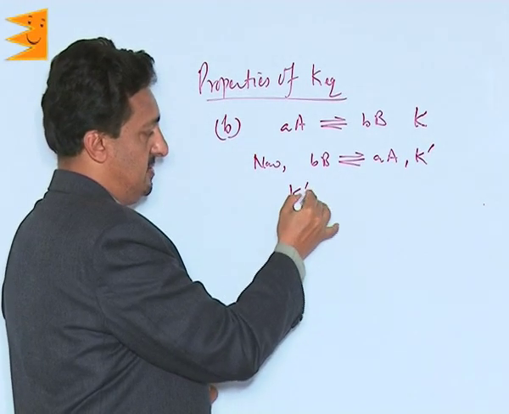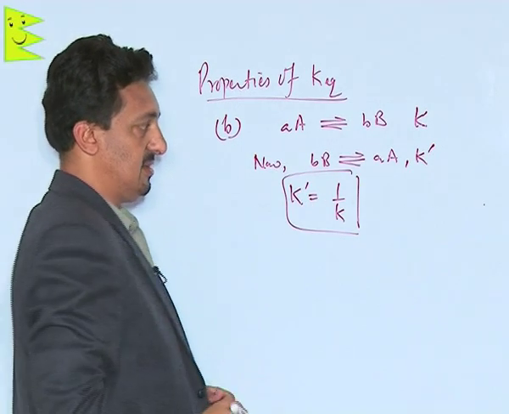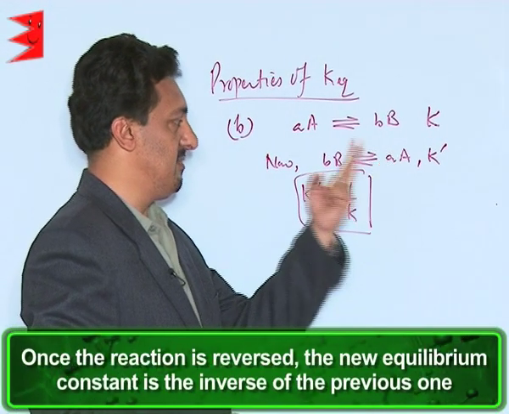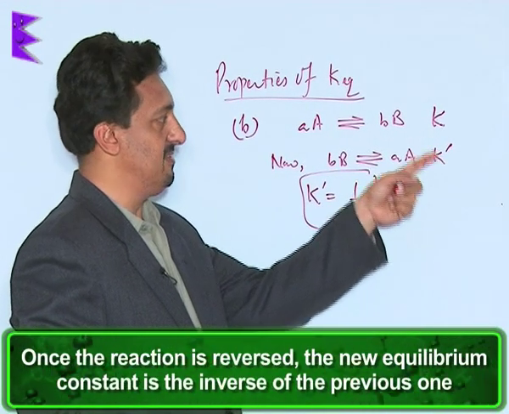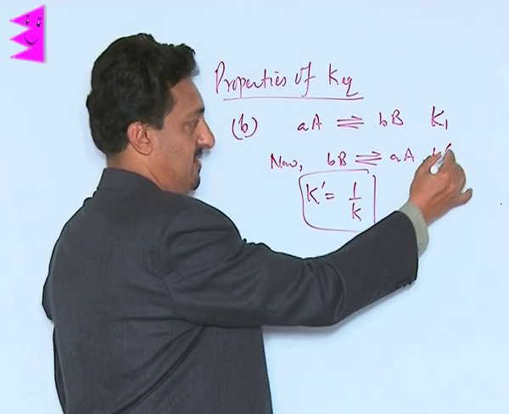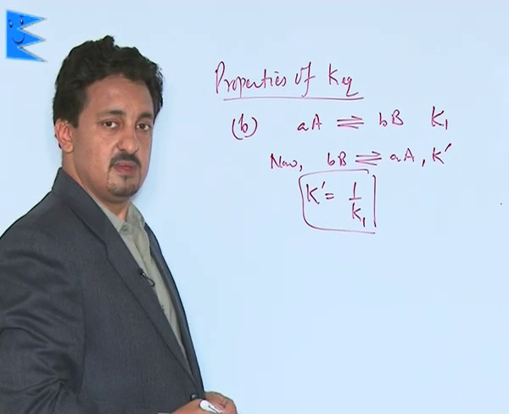You must know this K dash is the inverse of the previous equilibrium constant. Once the reaction is reversed, the new equilibrium constant is the inverse of the previous one. If the first is K1, this K dash is 1 upon K1. Is it clear?